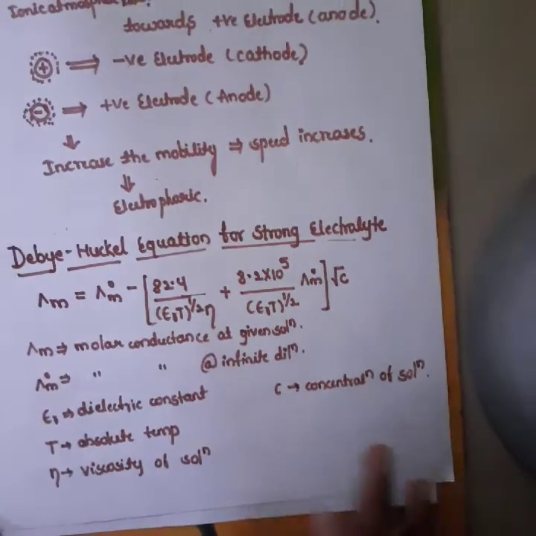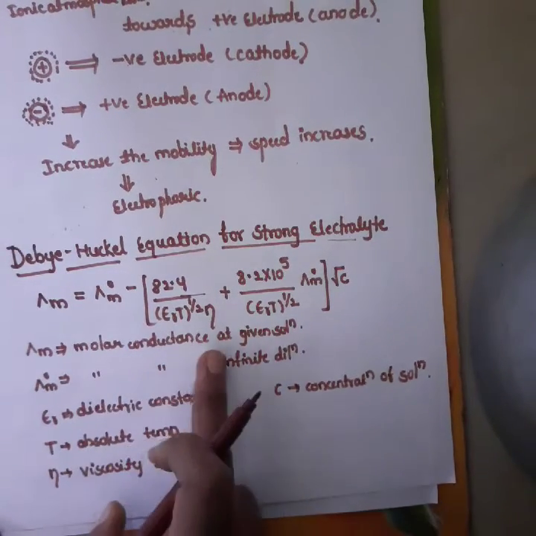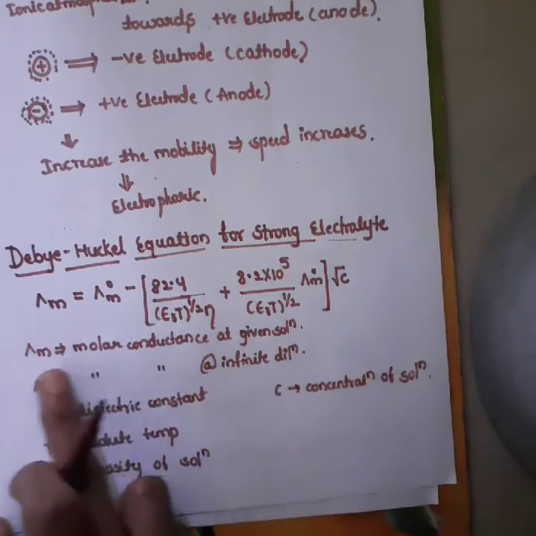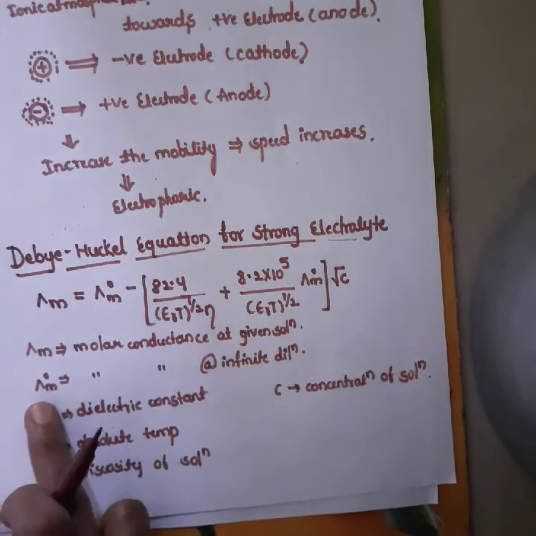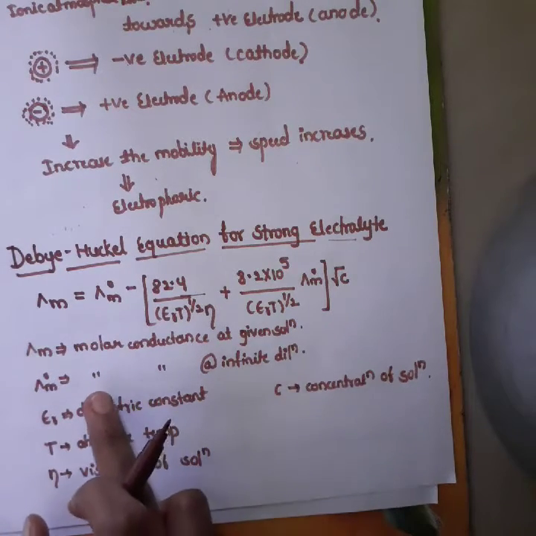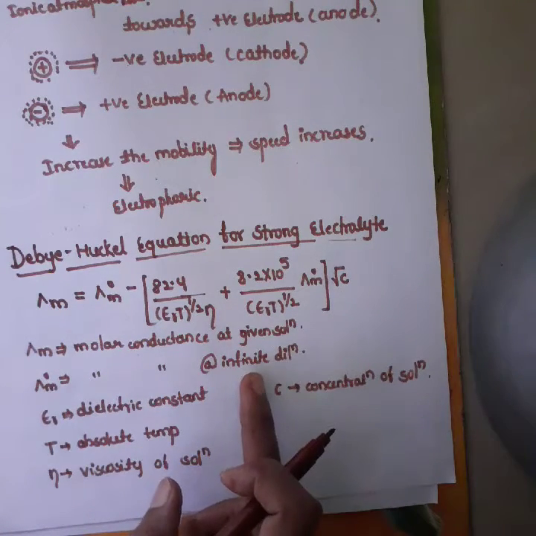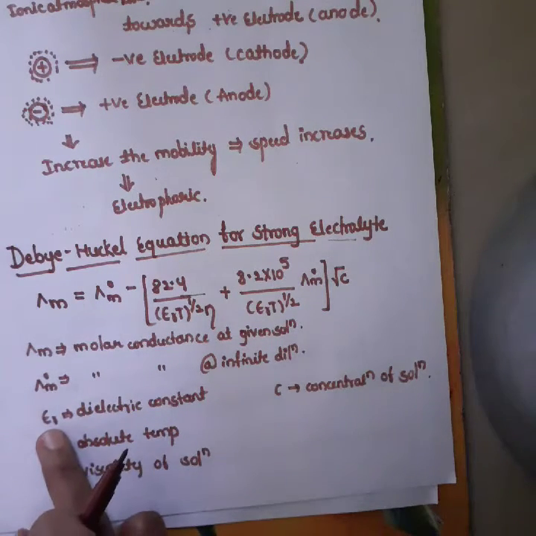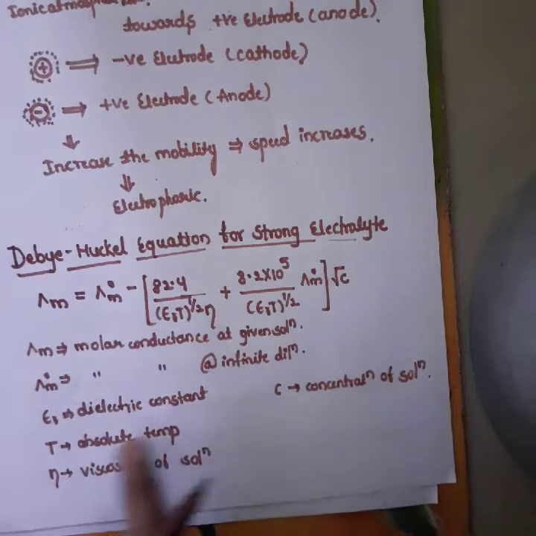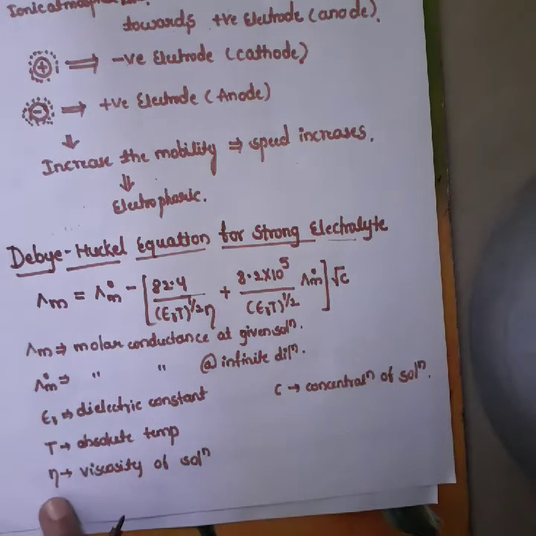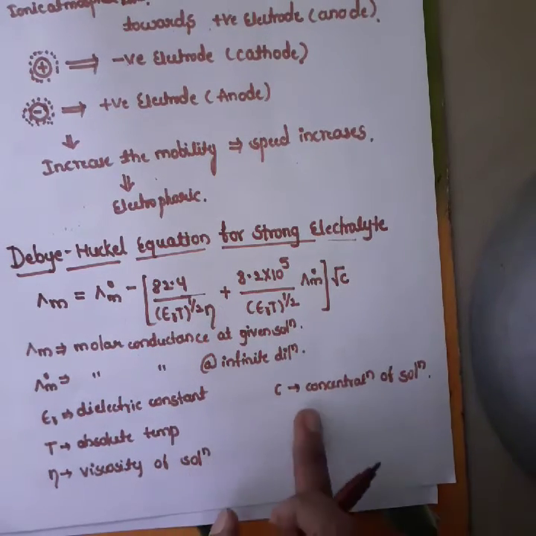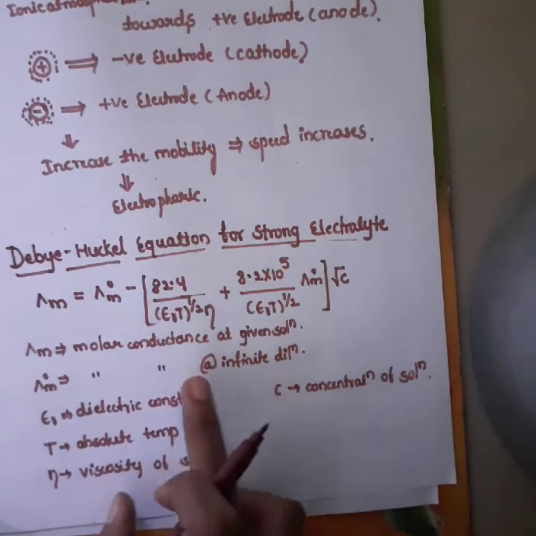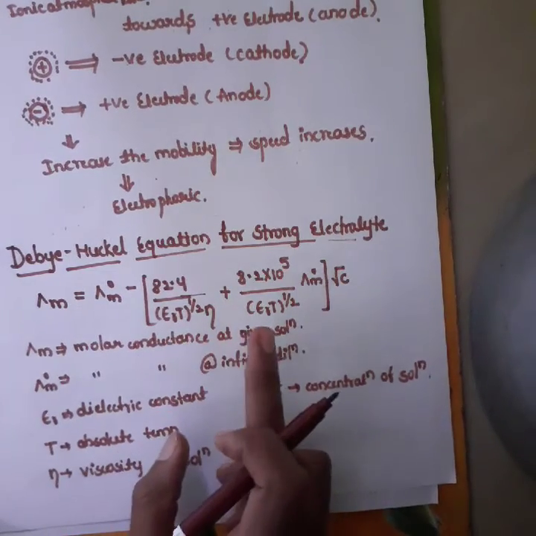Lambda m means molar conductance of whatever solution we are taking. Lambda m naught means the molar conductance after diluting the solution infinitely. Epsilon r is dielectric constant, T is absolute temperature, eta is viscosity of solution, and C is concentration of solution. This is the Debye-Hückel equation for strong electrolyte.